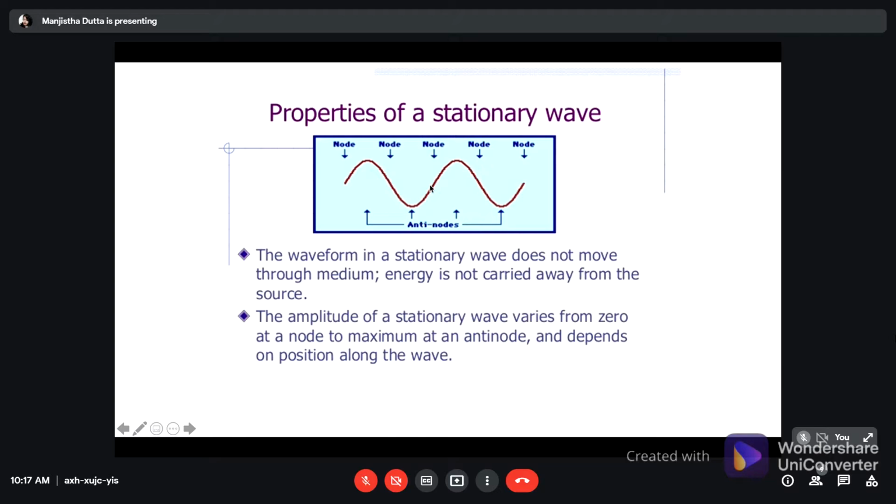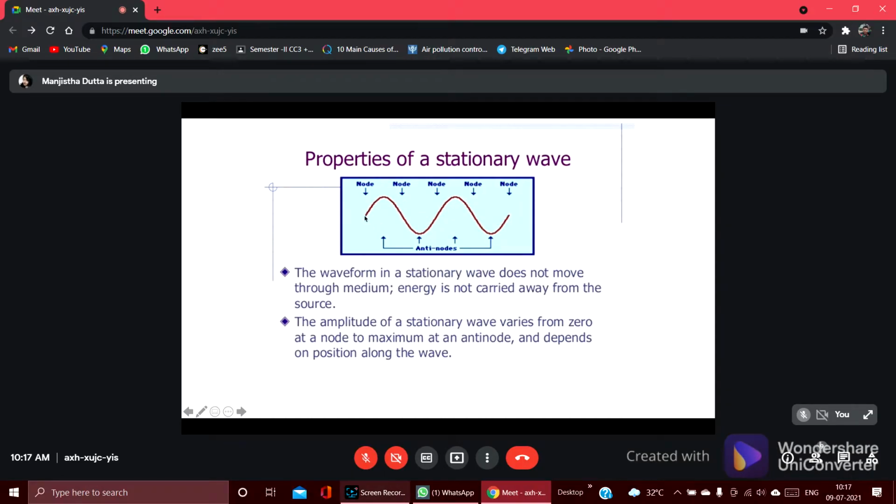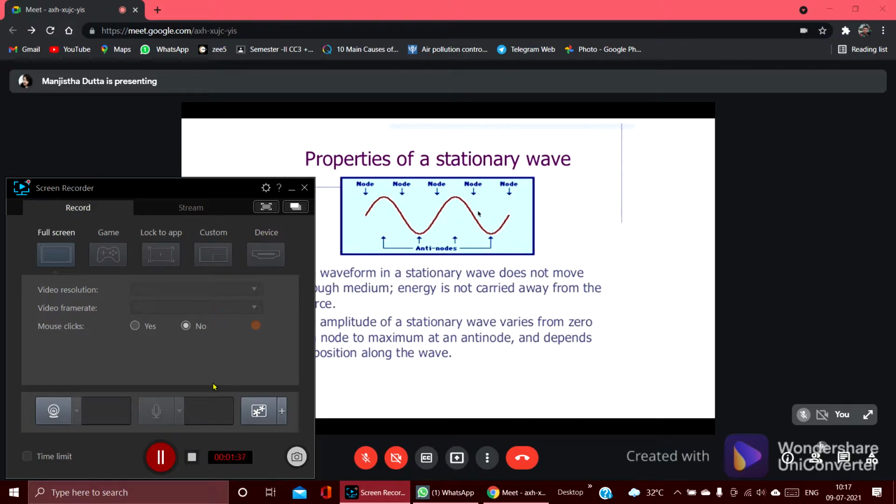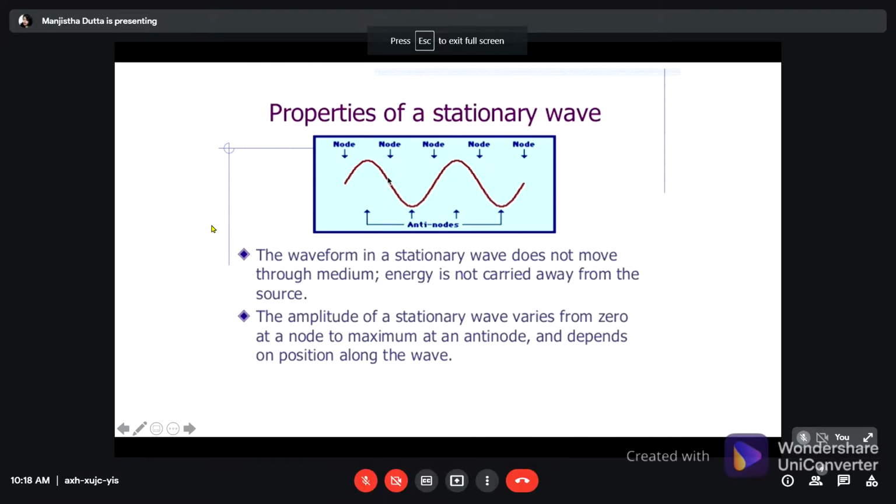This is our coordinate, which is not drawn over here. This line corresponds to zero displacement, the y equal to 0 line. You can see that where the wave intercepts the y equal to 0 line, this point will be a node, zero displacement. This point will be a node, and so on.